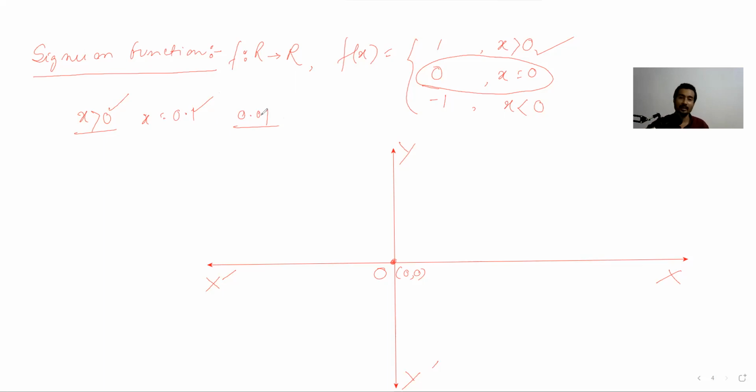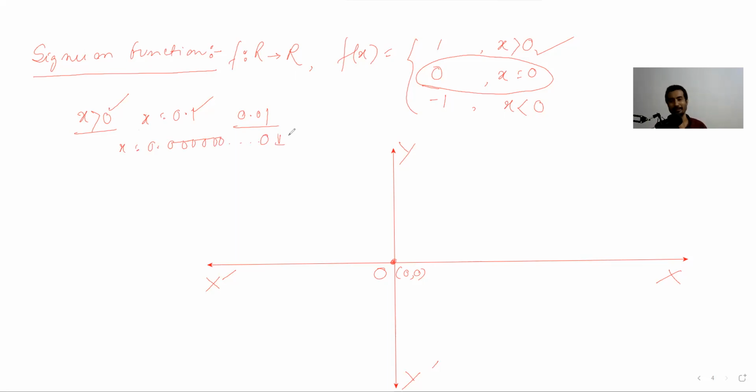Now see, however small the value is, if it is positive, suppose you want to take x equal to 0.000000, you insert so many zeros and then put 1, and finally you feel relaxed that you have got some value of x which is just greater than 0.